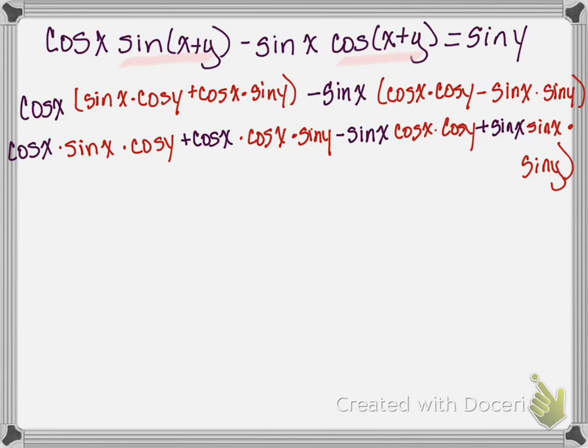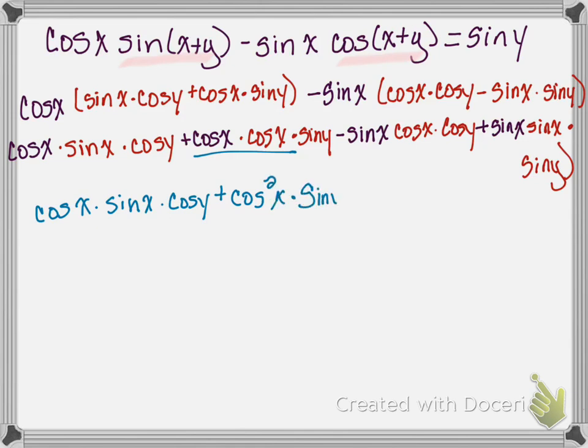So I have cosine of x times sine of x times cosine of y. Here cosine of x times cosine of x becomes cosine squared of x times sine of y.